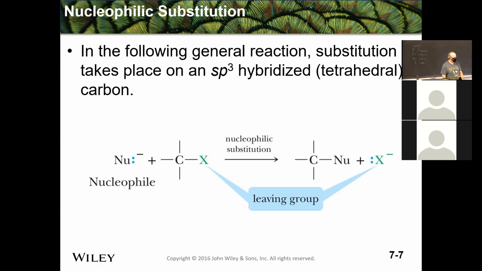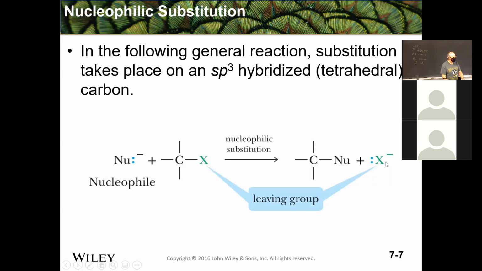So there's three parts, actually four parts in this reaction. We have the nucleophile here. We have the substrate, which is going to be the alkyl halide. X is a halogen. So nucleophile, substrate, this is our product.